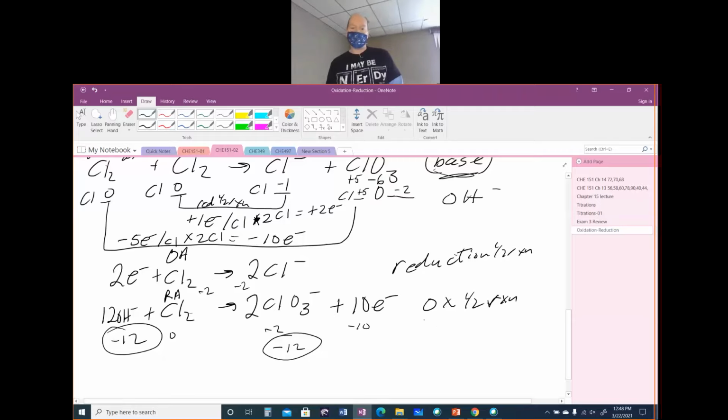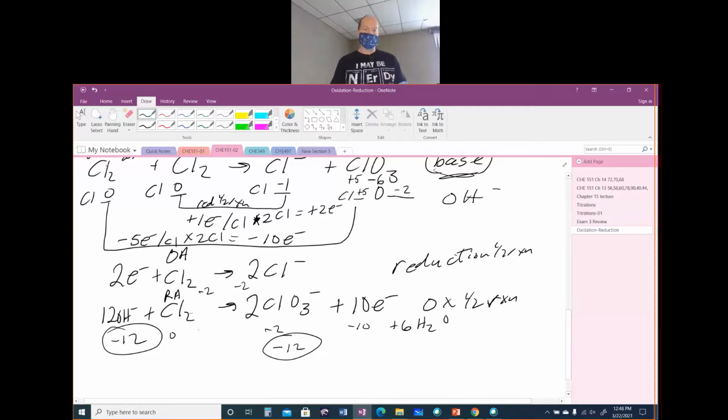All right, so we need 6 more oxygens to equal 12. So we need 6 H2O. That gives us 6 O's here, plus the 6 O's here, give us the 12 O's. Our 12 hydrogens from 12 OH minuses, 6 H2O's is 12 hydrogens. And so now we have a balanced oxidation half reaction.